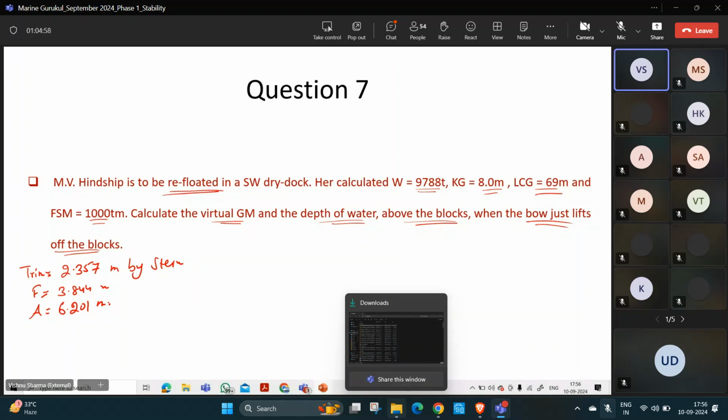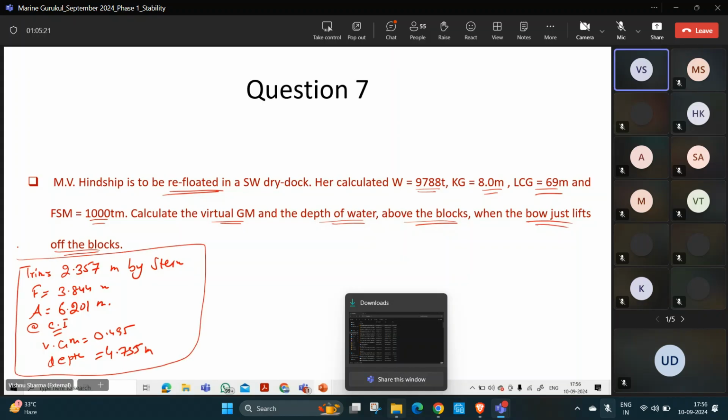I'm taking these down from my whiteboard. At the critical instant, you got the virtual GM of 0.495 and the depth of water as 4.755 meters. These are the values we just got, guys. I'm sure all of you can get these values, right? Yes or no?